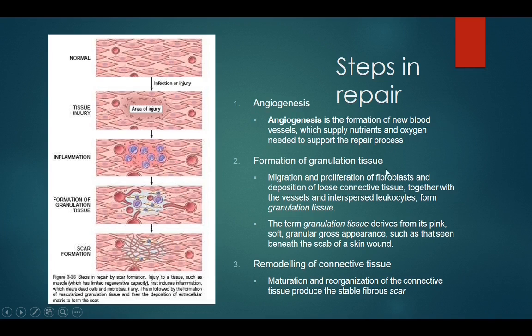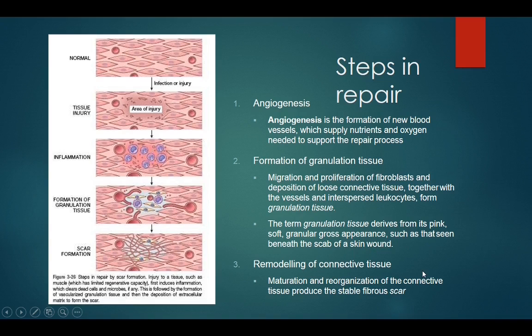Then comes formation of granulation tissue: migration and proliferation of fibroblasts and deposition of loose connective tissue, together with the vessels and interspersed leukocytes, form granulation tissue. The term granulation tissue derives from its pink, soft, granular appearance, such as that seen beneath the scab of a skin wound.